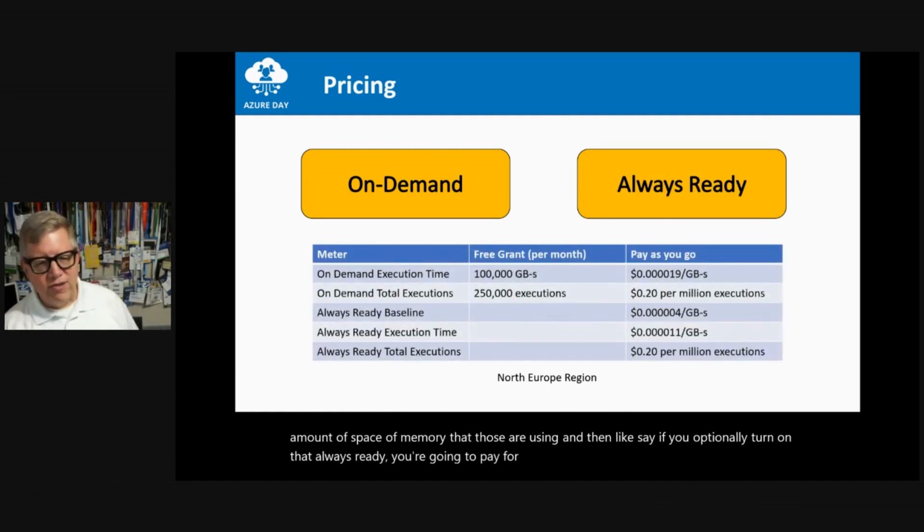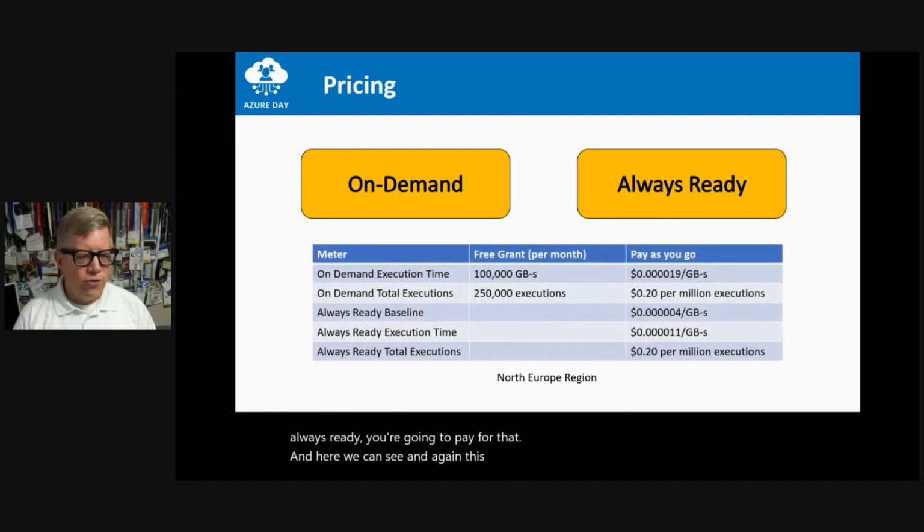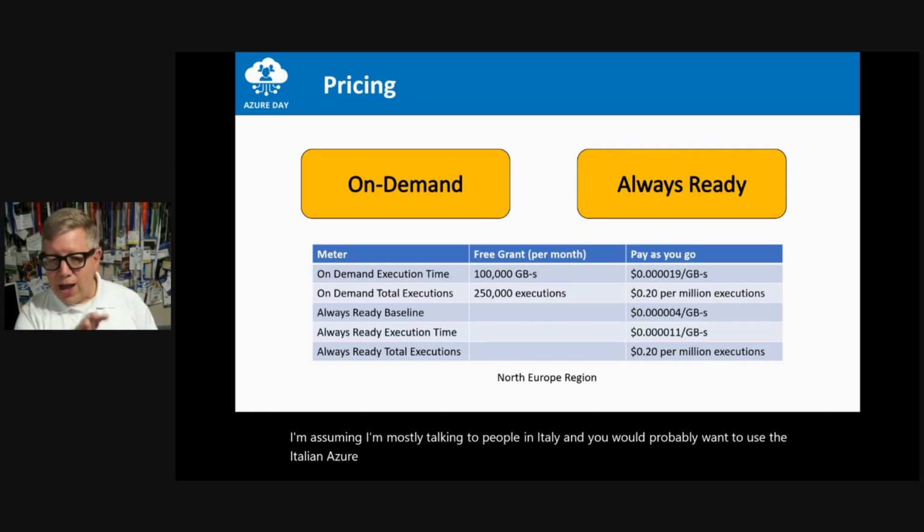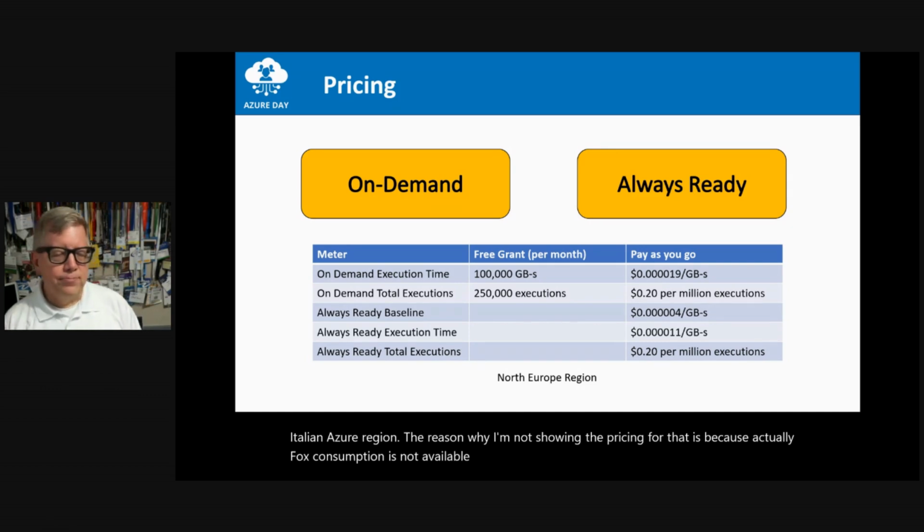Here we can see the pricing for the North Europe region. I'm assuming I'm mostly talking to people in Italy, and you would probably want to use the Italian Azure region. The reason I'm not showing pricing for that is that flex consumption is not available yet in Italy. It is only in a certain number of regions.